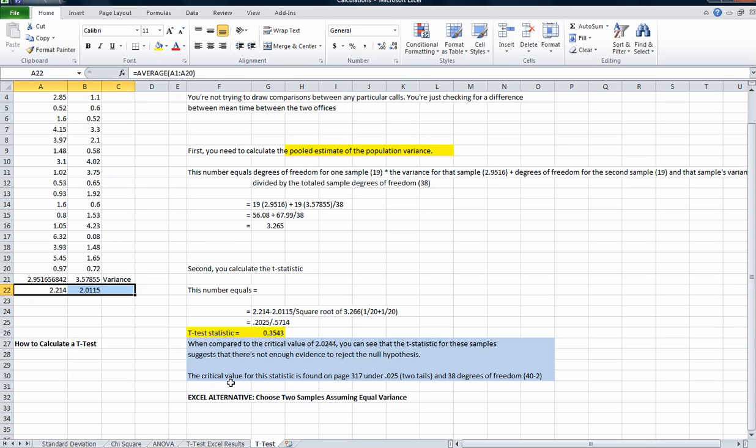If you were trying to hypothesize that one is higher than the other, then it would be a one-tailed test, and if you were looking at a level of significance of 0.05, you'd put everything in that tail, so it'd be 0.05. In this case, because you're looking at directions in both ways, you have to divide the 0.05 in half.